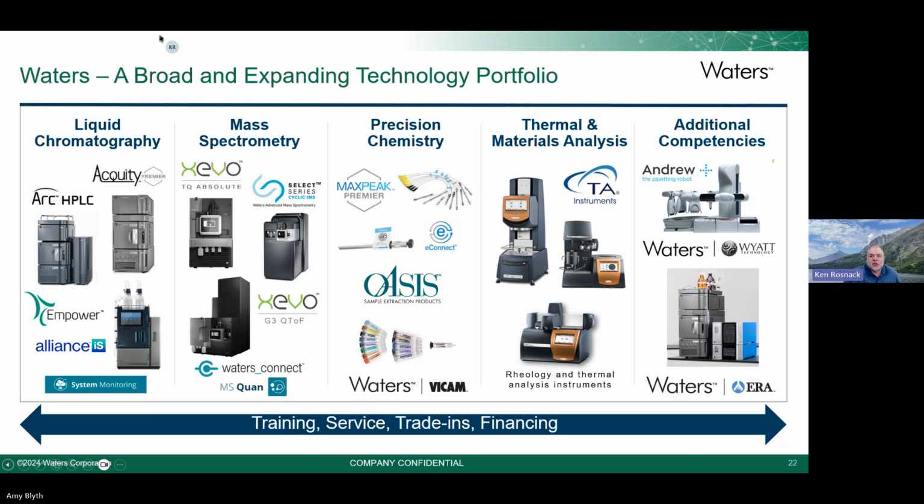Mass spectrometry, which, you know, the methodologies, the 533 and 537.1 that Andrew described, are done by LC-MS. We also have precision chemistry, so that's columns, sample prep devices. In a different division than what I'm in, we also have thermal and material analysis, and then we have additional competencies in sample preparation, automated sample preparation, things like the Andrew robot that you see in the top right.